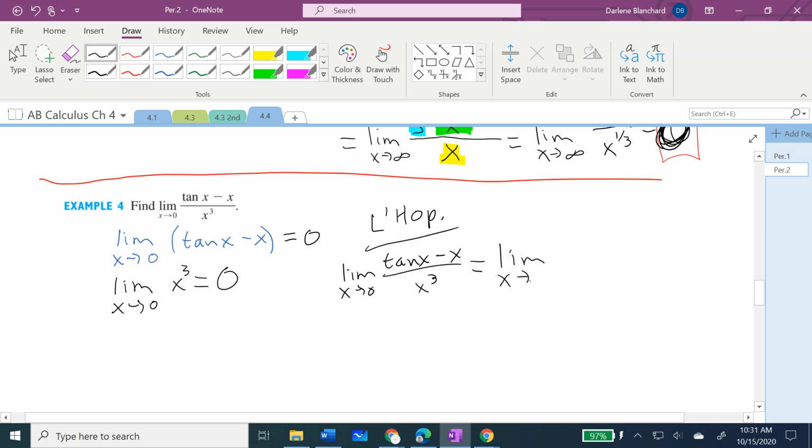Limit as x approaches 0 of derivative of tangent is secant squared minus 1 and derivative of that denominator. What's the secant of 0? Secant is the reciprocal of what function?